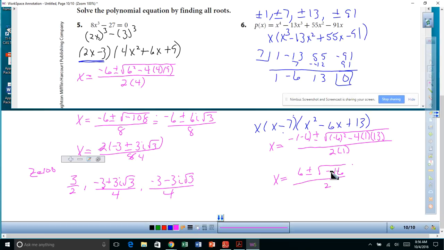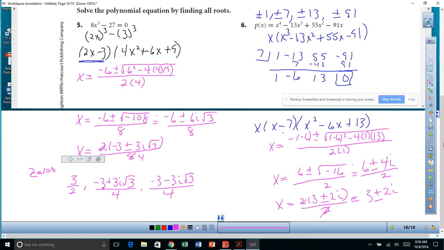Well, negative 16, that's going to give you 6 plus or minus the square root of 16, which is 4, and the square root of negative 1 is i, over 2. And I believe you can take a 2 out of that. So you got 2, and that's going to be 3 plus or minus 2i over 2. Those cancel out. And you're just left with 3 plus or minus 2i.